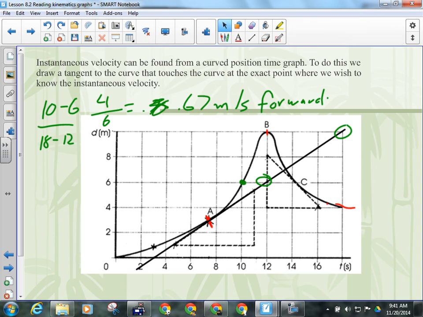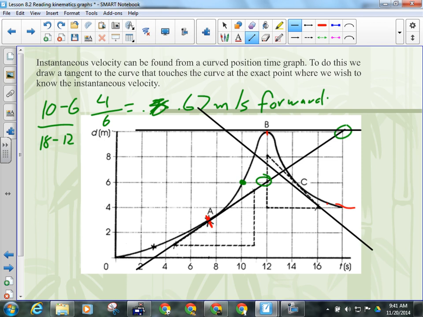And if I draw a tangent that touches B, what's the slope of that line? 0, right? It's horizontal. A horizontal line has no slope. Agreed? And same thing for C. If I wanted to calculate the instantaneous velocity at C, I would draw that, oh, that was a terrible one. That's what I love about the smartboard.